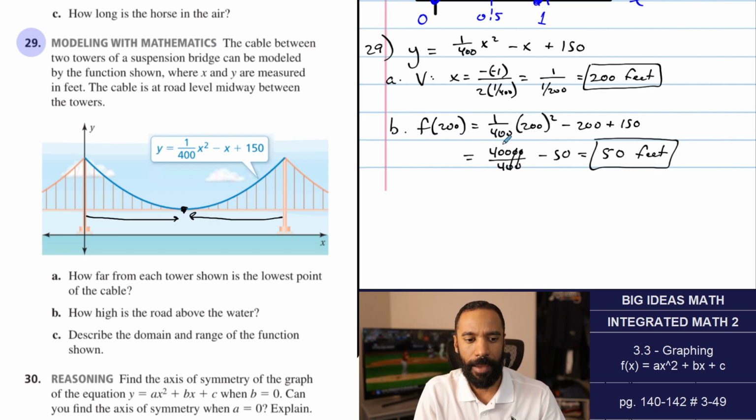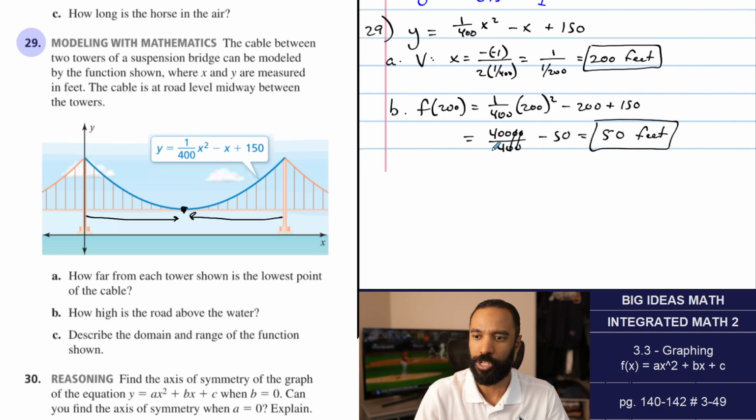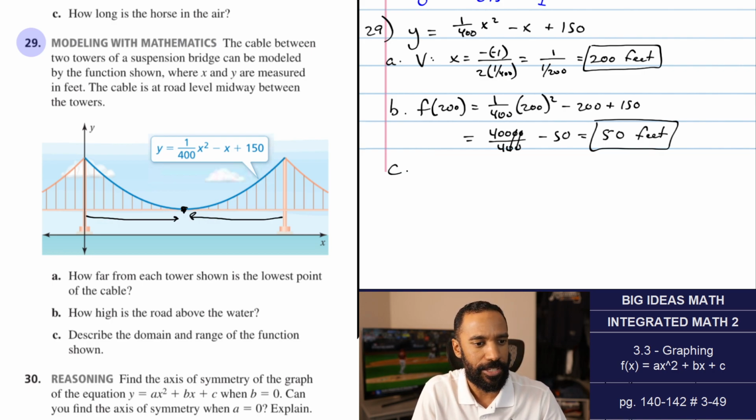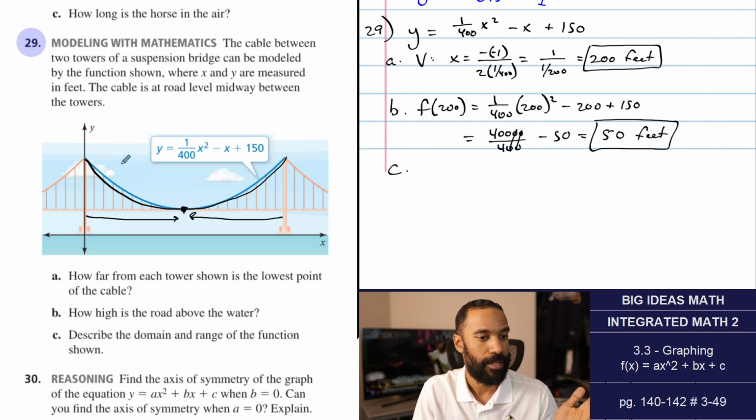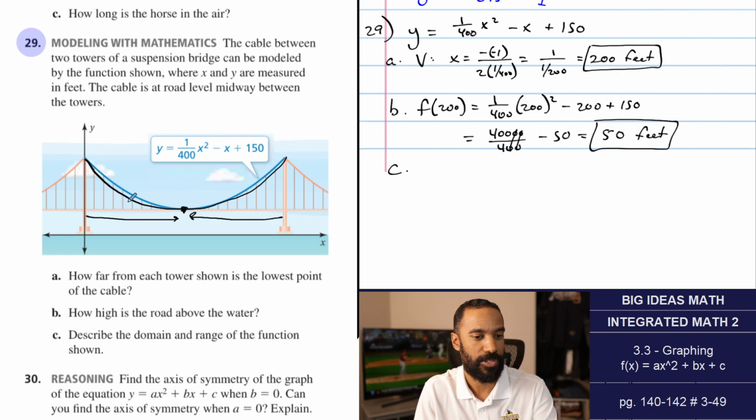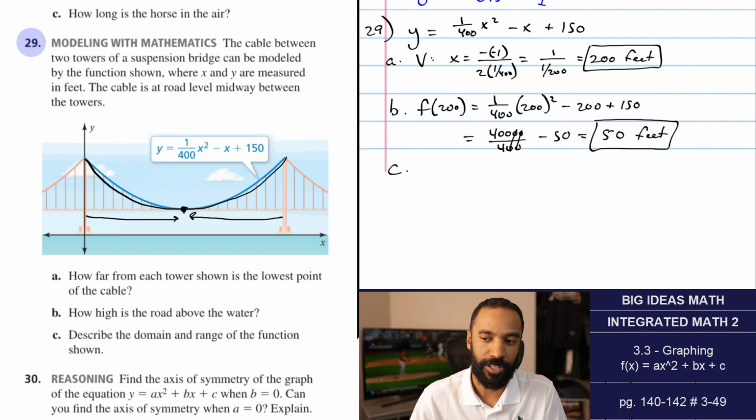Part C, describe the domain and range of the function shown. Keep in mind, guys, the parabola only represents this portion between the two towers. So we're trying to figure out, basically, this part. There's no arrows. This doesn't go on forever. This is it. So domain is limited this time. It is not all real numbers.